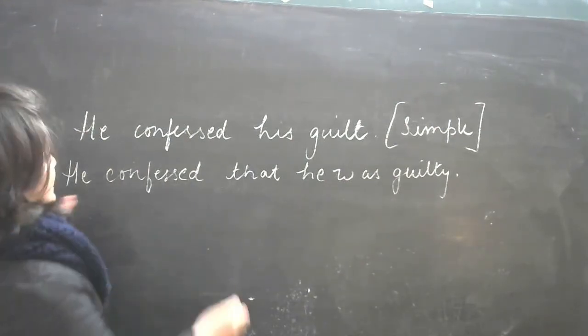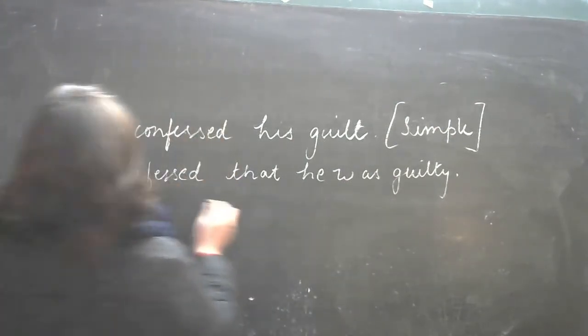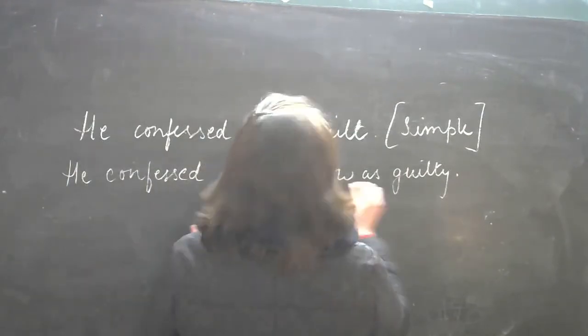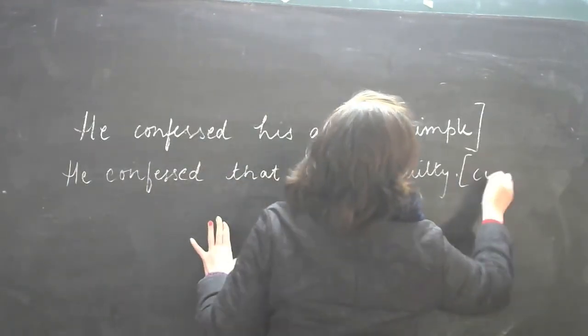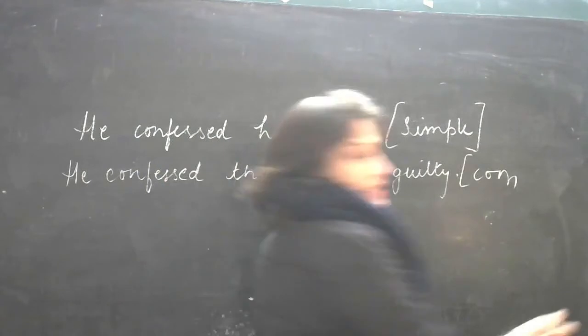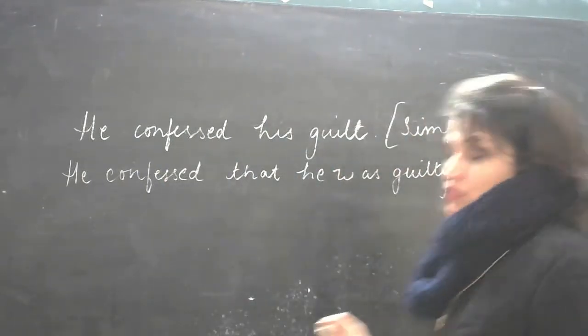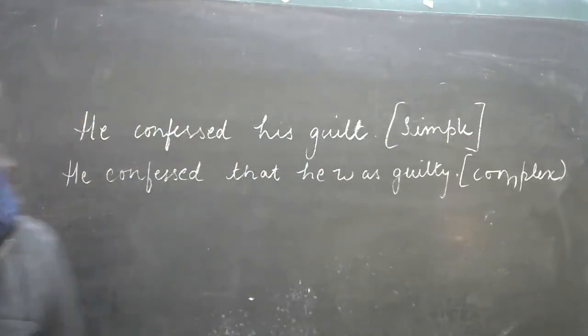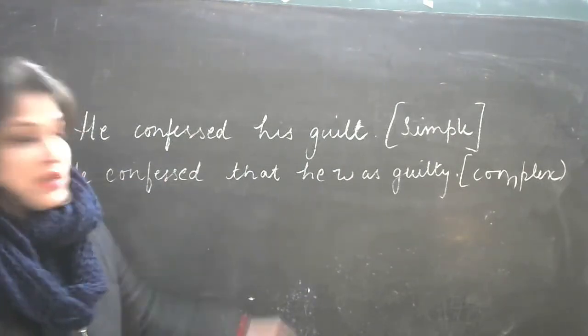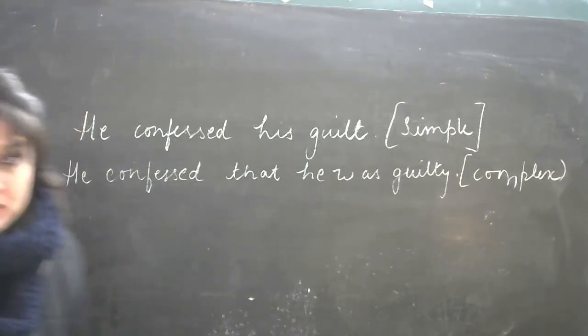So what I've done is I've taken the noun and I've changed it. He was guilty. I'll write it here, complex. You can see it. So this is how I've changed it into a complex sentence. I've taken the noun and I have used a noun clause.